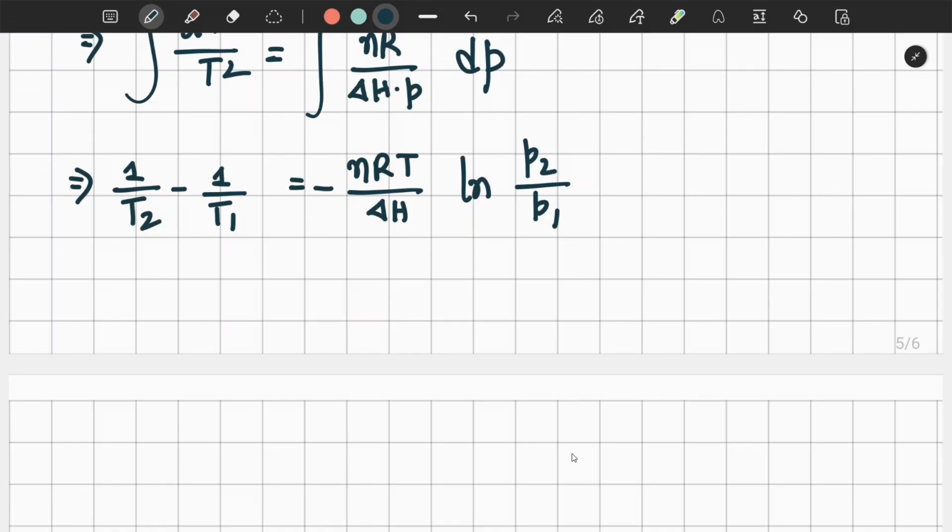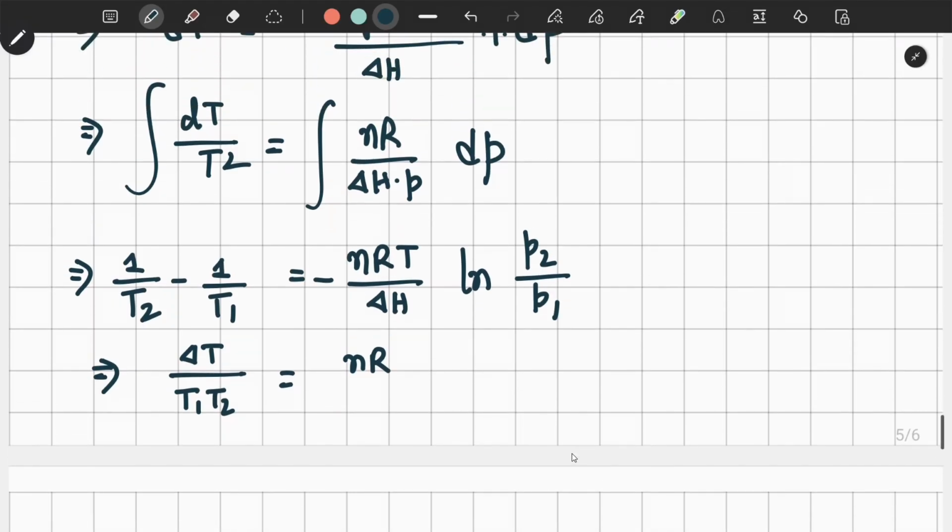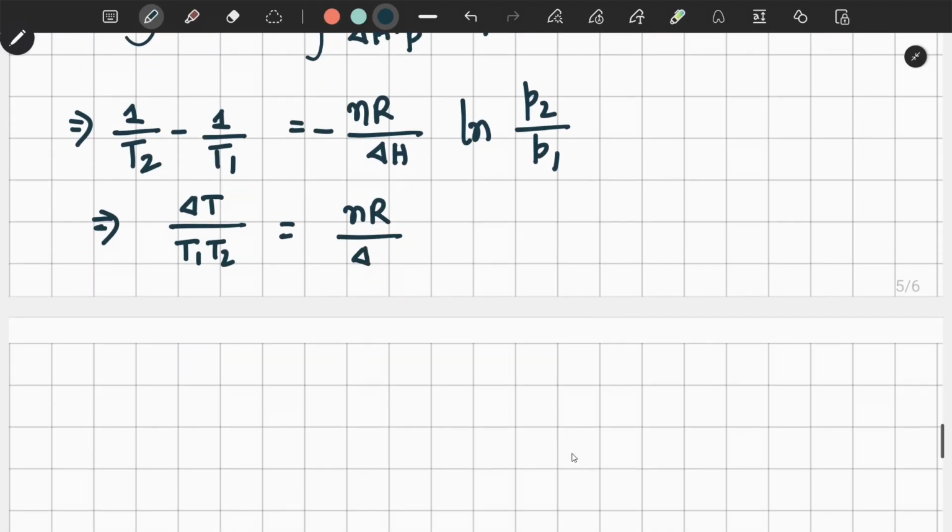Now we have to calculate the delta T. So delta T is obviously T2 minus T1. So it will be T1 T2. But what T do you have to consider? No, T will be there. Sorry. So delta H ln P2 by P1. So this formula.